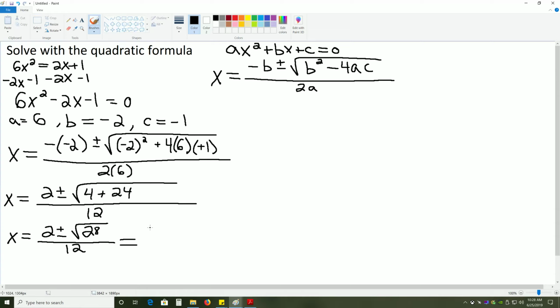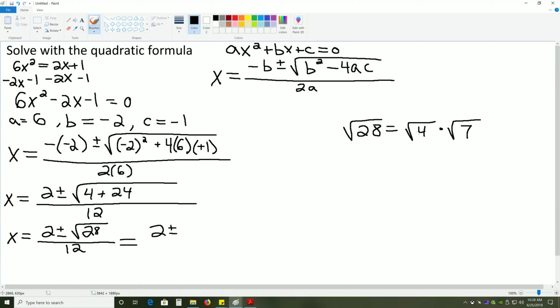which gives us 2 plus or minus, and the square root of 28, if we move this off to the side, remember you can break up a square root into 2 different square roots being multiplied together. So the square root of 28 has a perfect square in it, the square root of 4. And if we multiply that by the square root of 7, that's the same thing as the square root of 28.